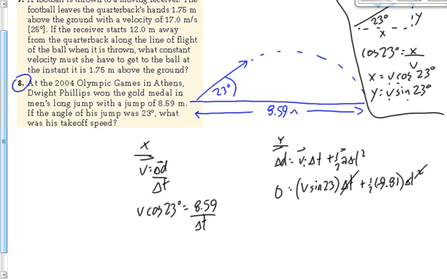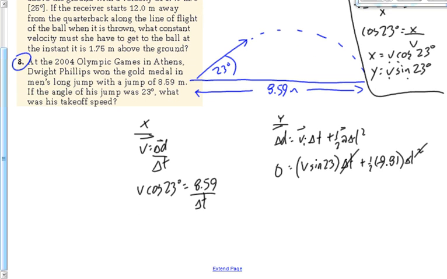Let's simplify this a little bit. Somebody figure out what cosine 23 is, please. 0.93? 0.92, thank you. So 0.92 V equals 8.59 T. Over here, let's figure out what sine 23 is.